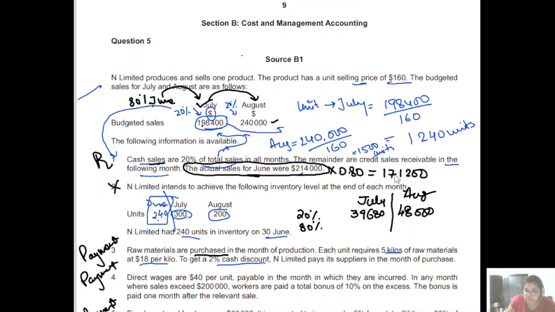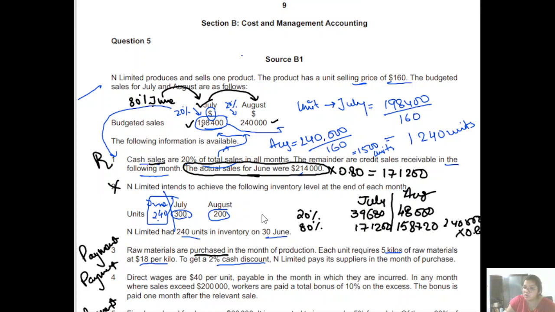So this amount is going to be receivable in the month of July. And July's 80% in the month of August: 198,400 into 0.80 is 158,720.